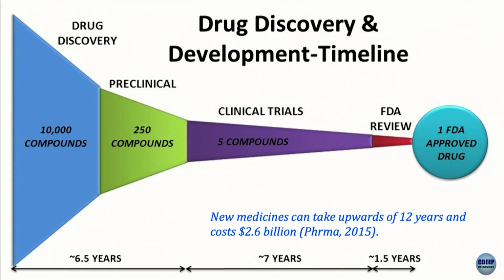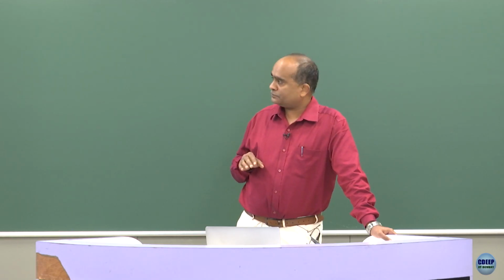So, suppose you started with 10,000 or 1 lakh compounds, you end up with 250 compounds. Some of those 250 will pass whatever criteria you have set up, and some will not, and out of that you can get say 5 compounds or so.